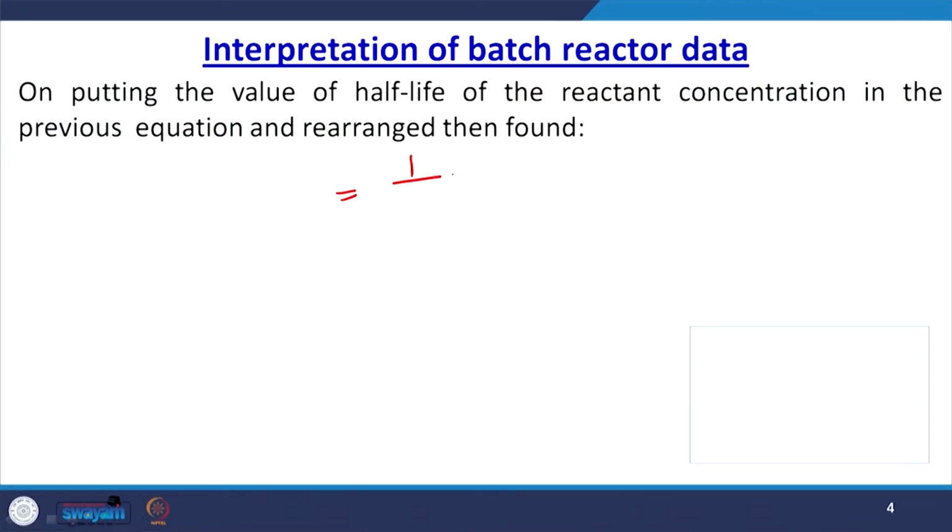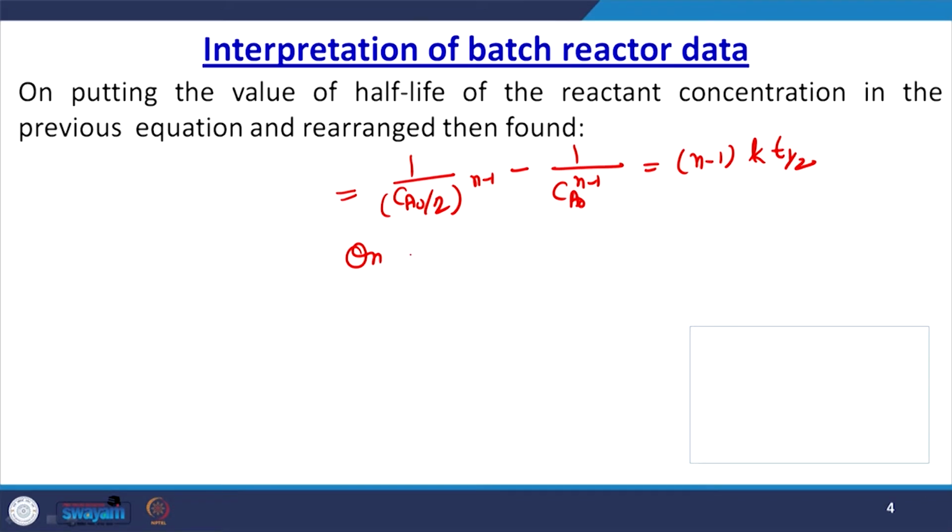Now, on putting the value of half-life of the reactant concentration in this equation and rearranging, we find that the equation becomes 1 upon (Ca naught by 2) to the power n minus 1, minus 1 upon Ca naught to the power n minus 1, is equal to (n minus 1) k T half.